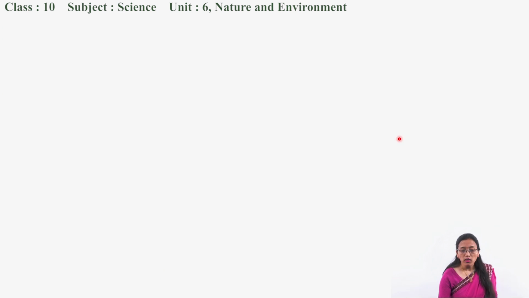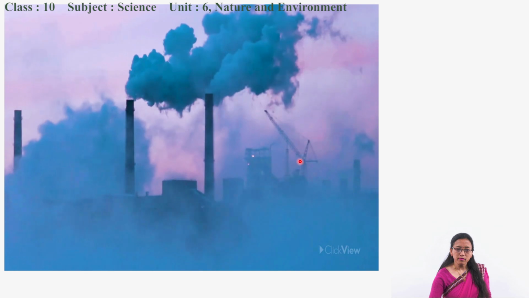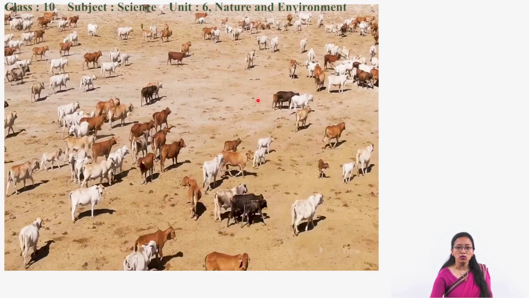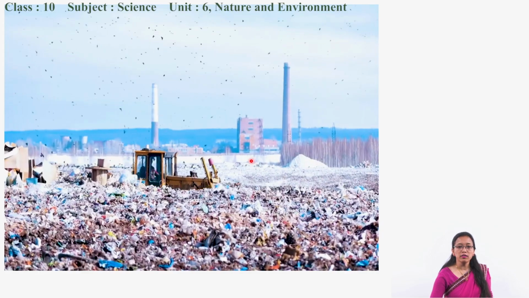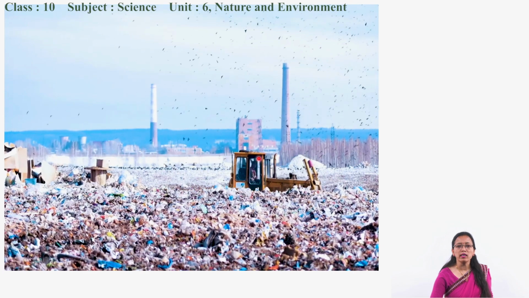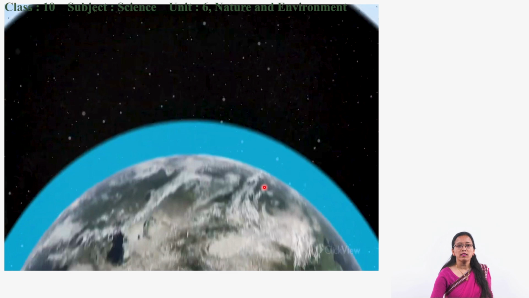Let's see one small video. See what is happening here. From the industries, smoke is coming out and many animals are grazing over there. Here is deforestation, and people are haphazardly throwing garbage here and there, and because of this different kinds of problems are seen on the surface of the earth where the biosphere is present.